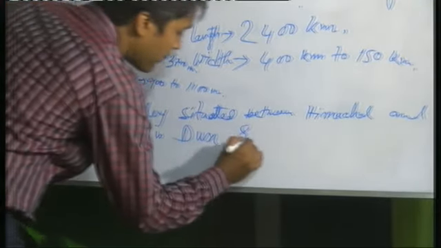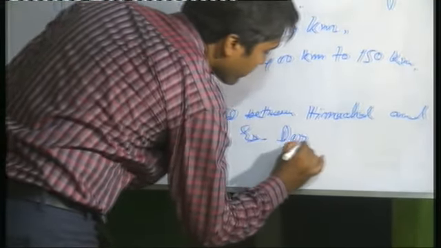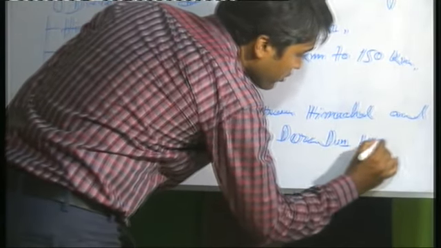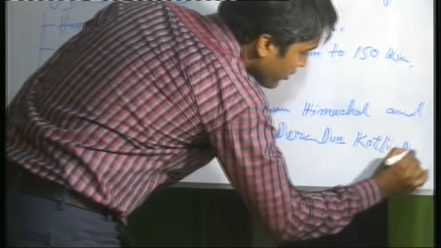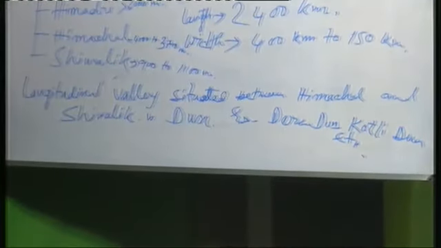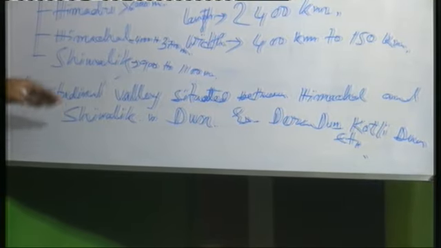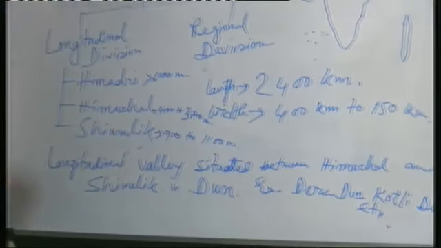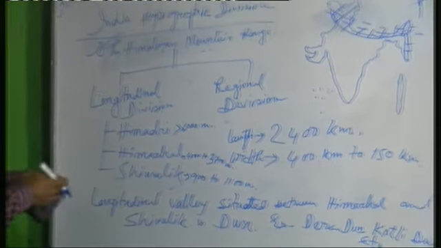For example, the famous name Dehradun, Kotli Dun, etc. So these longitudinal valleys situated between Himachal and Shivalik are known as Dun. These are the longitudinal divisions.